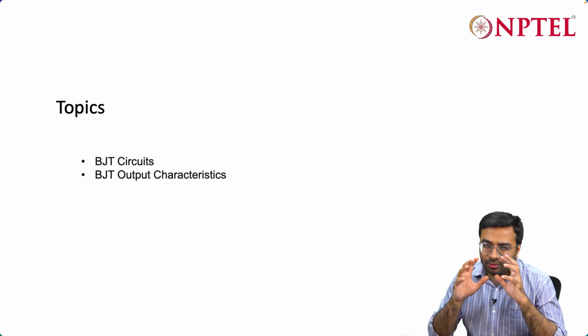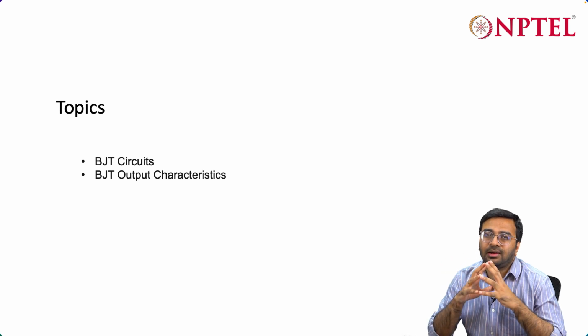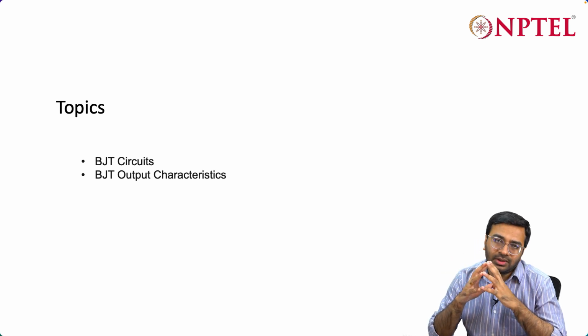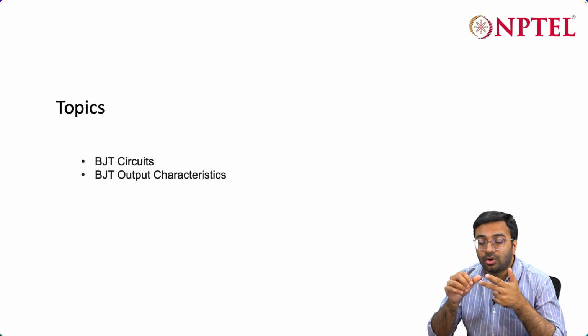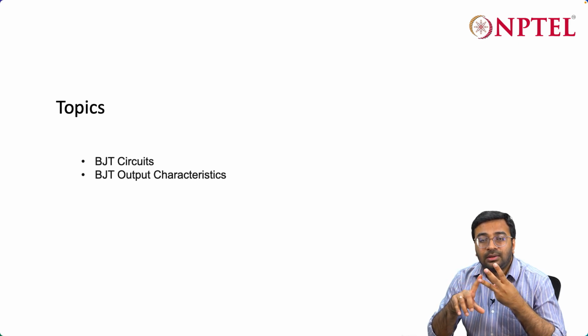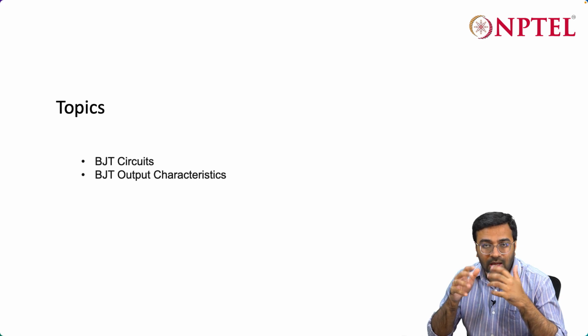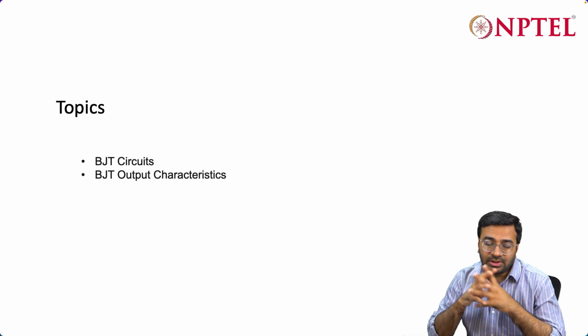We will see those BJT circuits and what the circuit configuration is for these three types of circuits, and why they are called common base, common emitter, common collector. By the way, base, emitter and collector are the three regions of the BJT itself. So you must have already learned that in the previous lectures.